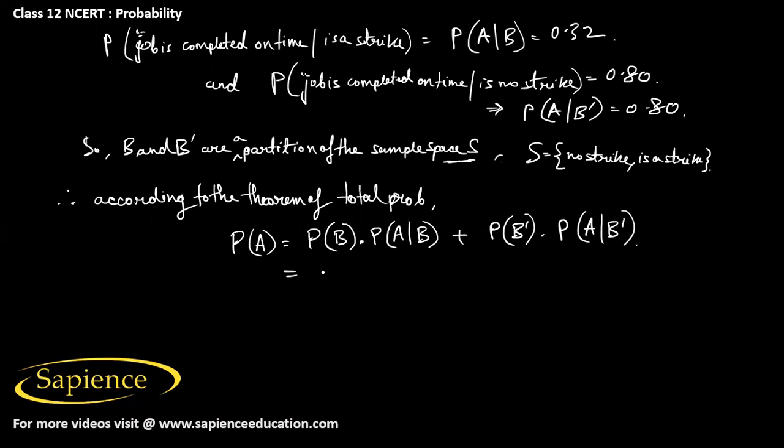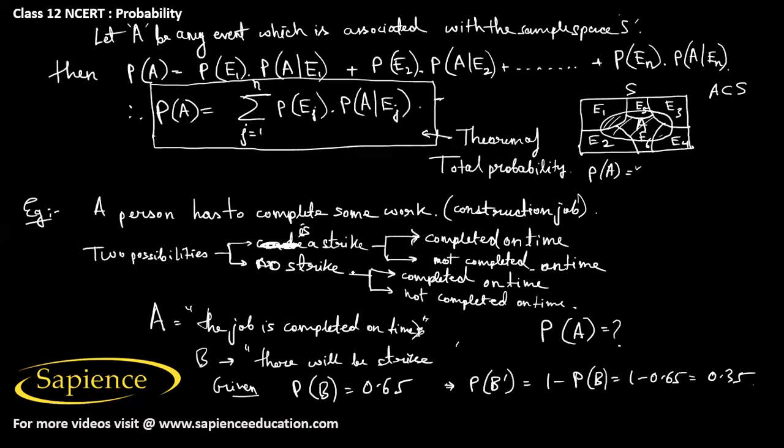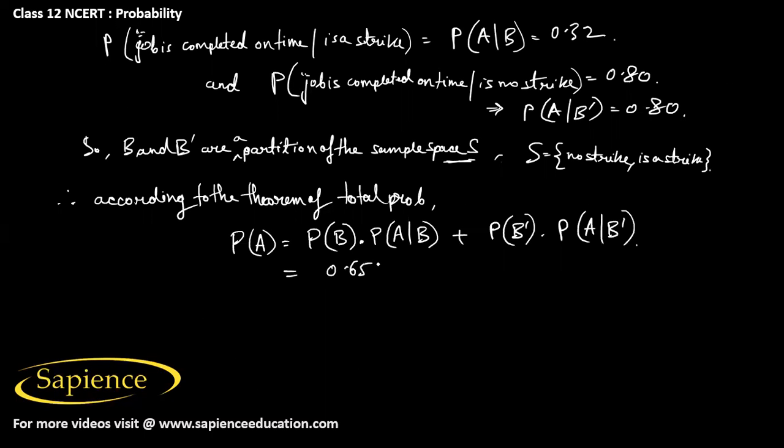So that will be 0.65 times 0.32, plus 0.35 times 0.80.